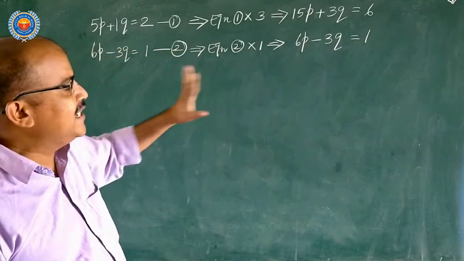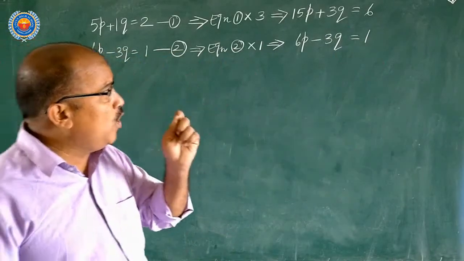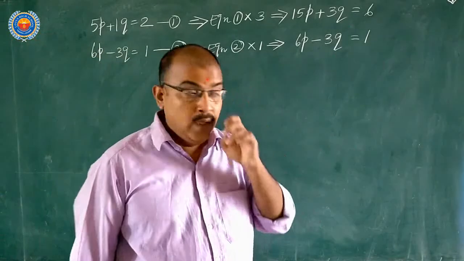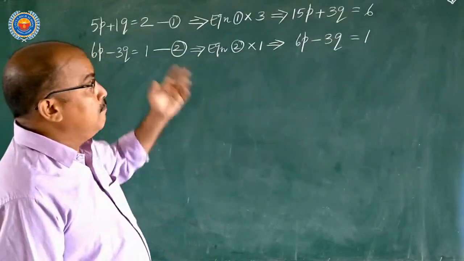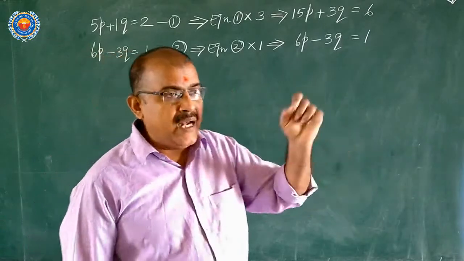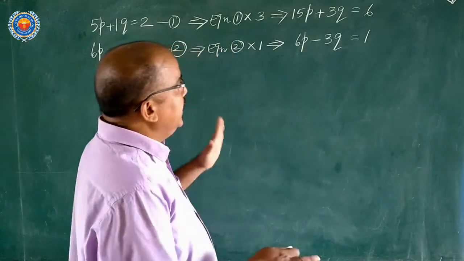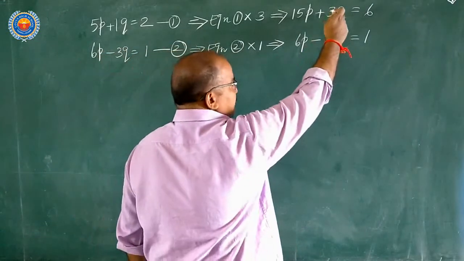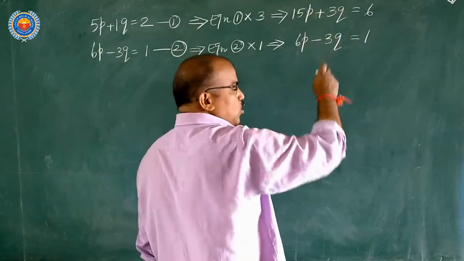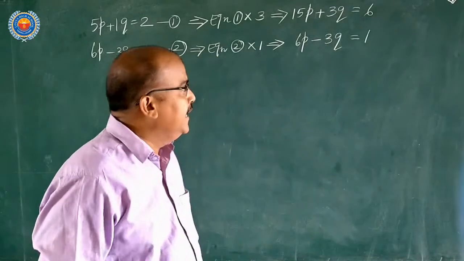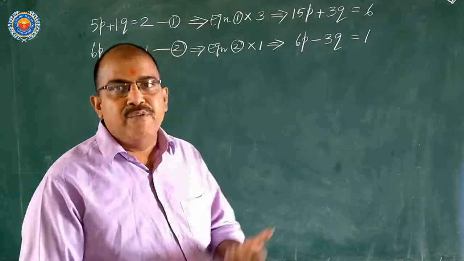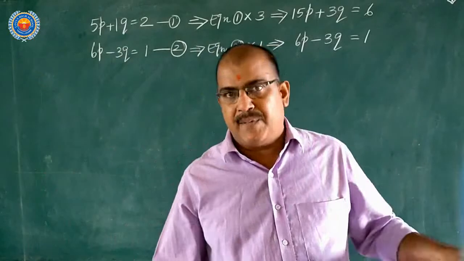So listen carefully. Now I am going to eliminate q. That's why I am multiplying equation 1 with 3. So here this is plus 3q, this is minus 3q. Easily we can cancel. Now which operation do we have to do, addition or subtraction?